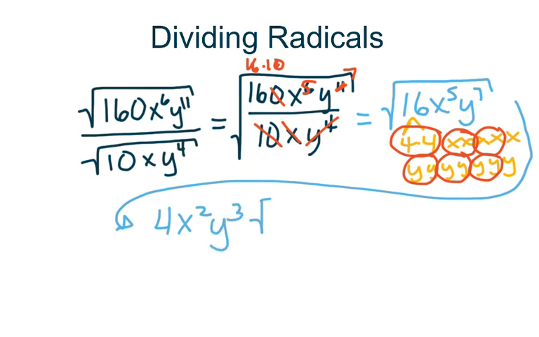Remaining underneath the radical are the single items that we have, which are a single x and a single y. So then it is xy. So our dividing radicals now equals 4x squared y cubed times the square root of xy.